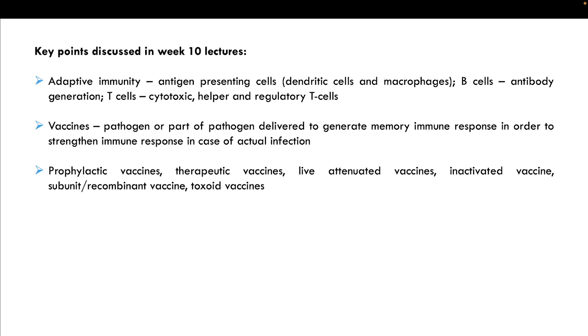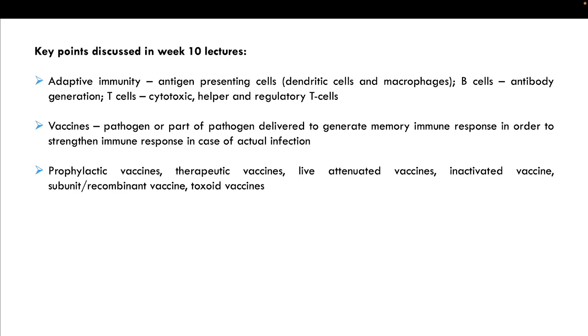So that's where your therapeutic vaccines come in play. So this is still in the research phase, and most of the cancer vaccines fall under the category of therapeutic vaccines. So the patient already has the cancer. You're giving a therapeutic vaccine for the body to strengthen its immune response against a particular pathogen.